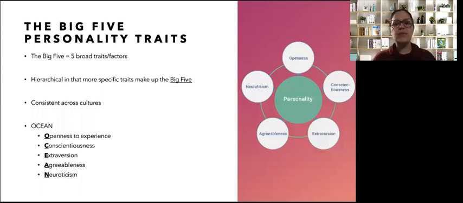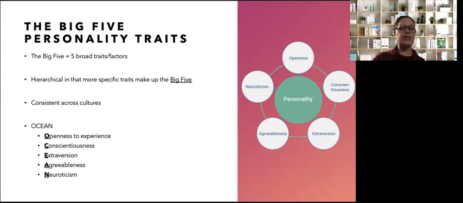And this brings us to the most influential and currently used trait theory, called the Big Five personality traits. These are also identified through the use of factor analytic statistical methods, much like Cattell and Eysenck. So these are all using mathematical equations to produce these personality traits.